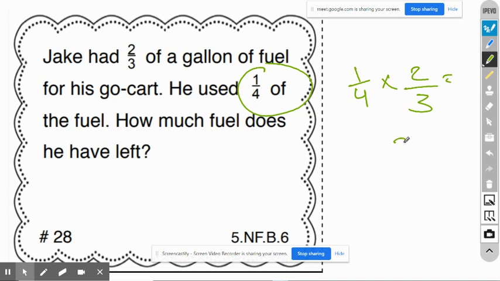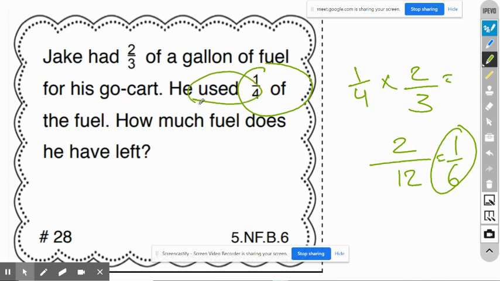But then you have to be careful once you get your answer. What does 1/4 of 2/3 being 1/6 mean? It's what he used. But that's not what was being asked. Yes, Denzel?